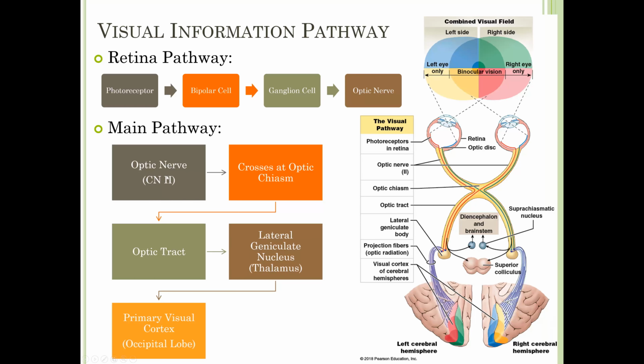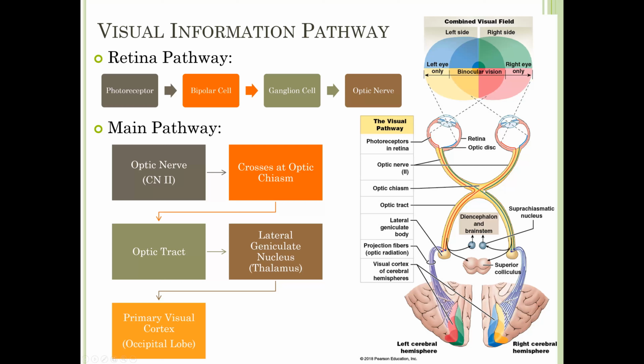So the optic nerve, which again is cranial nerve number 2, leaves the back of the eyes, and then it's going to cross over at a place called the optic chiasm. Signals from the medial retina on each side will cross over, whereas signals from the lateral retina on each side will stay on the same side of the body.